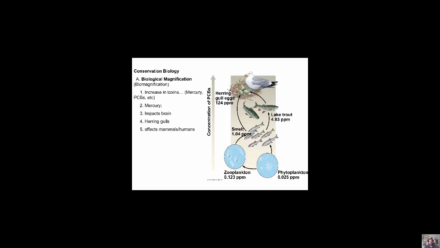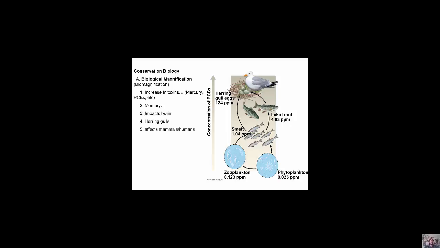It's ludicrous. So in the case of humans or other mammals, we eat the fish or even the birds. Predators will eat the birds. We don't eat much in the way of herrings or seabirds. But sticking with fish, we can get mercury poisoned from eating fish.